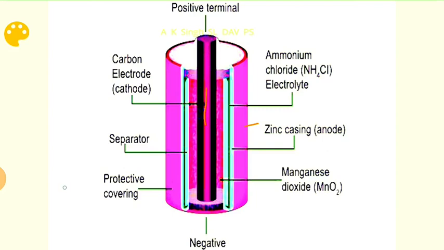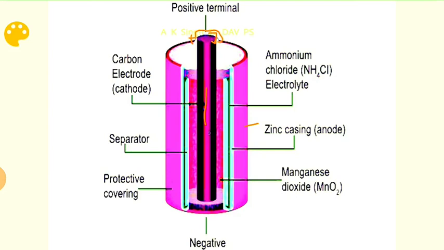This rod is made up of graphite. The upper part of the graphite rod is covered with copper. Why is it covered with copper? To save the graphite rod. To save the graphite rod, it is covered with a brass cap or only copper.